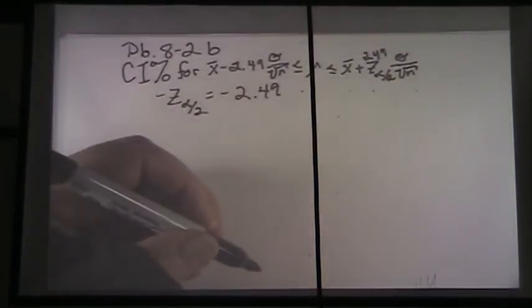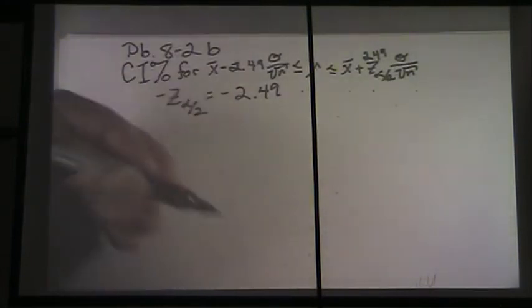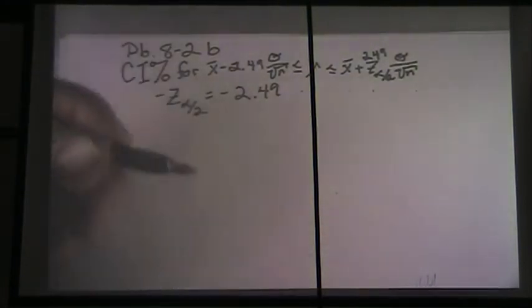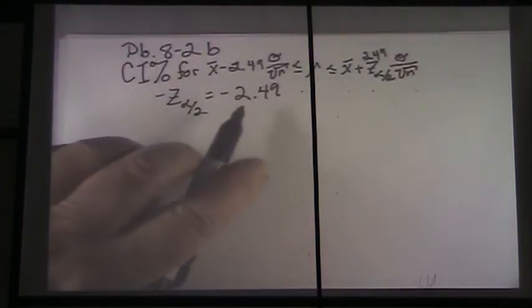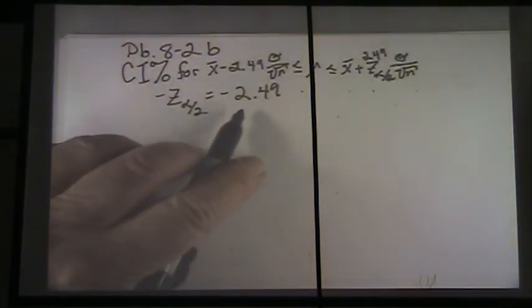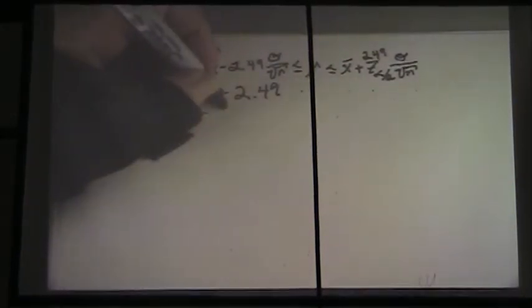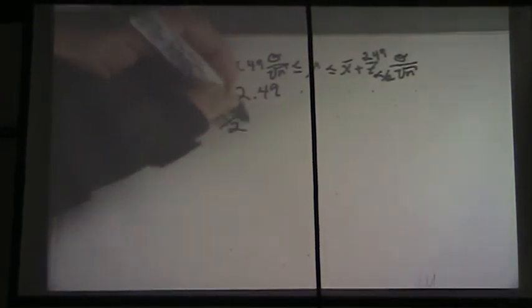Oh, this should have been 2.492, but I spaced on that. Doesn't matter. We're going to go after the negative one as the easy one to get. All right, so that means we want to know what our alpha divided by 2 is.